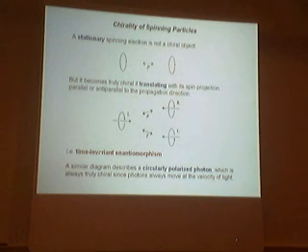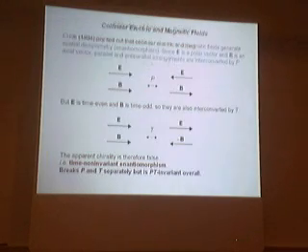So that's time invariant enantiomorphism. Time reversal doesn't touch it. Only space inversion interconverts them. So that's true chirality. And a similar diagram describes a circularly polarized photon, which is always truly chiral, since photons always move at the velocity of light.